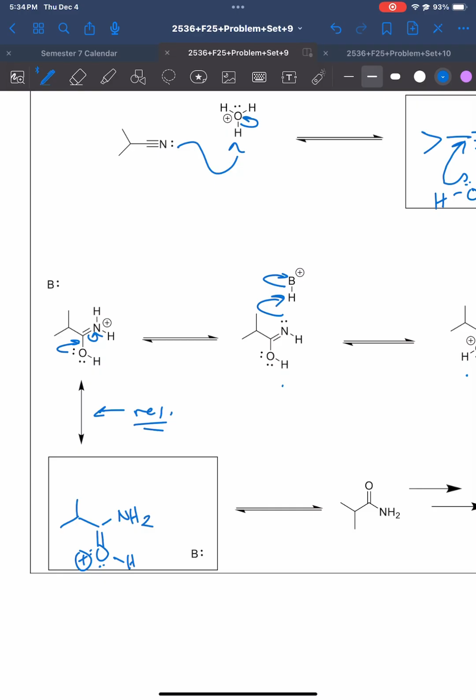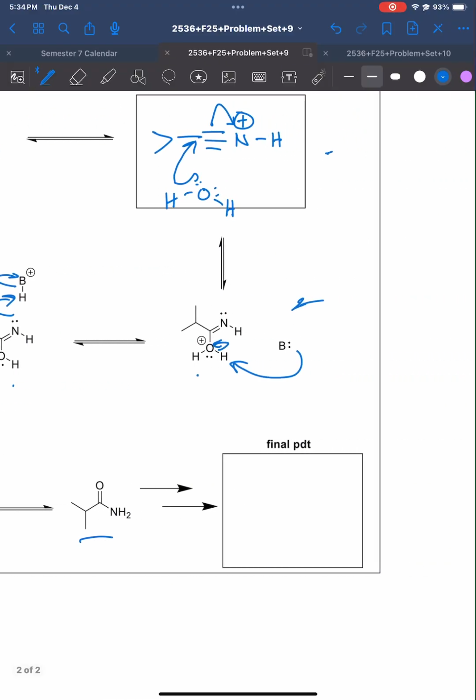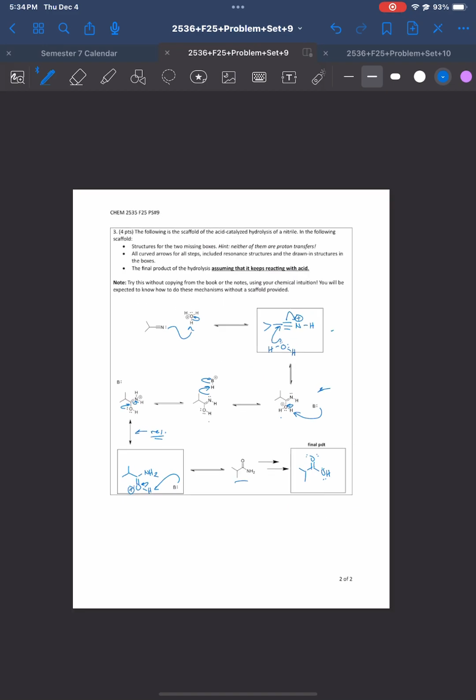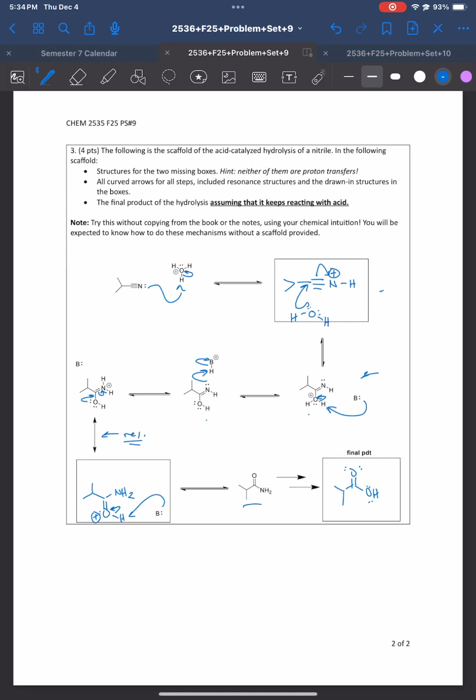We see that it is going to take this hydrogen, and it's going to go back onto the oxygen. I drew too many lone pairs. And we're going to get this structure. And finally, the final product here is going to be this. This is just one of the reactions that you guys are going to have to memorize. All right? Thank you so much for watching this episode.